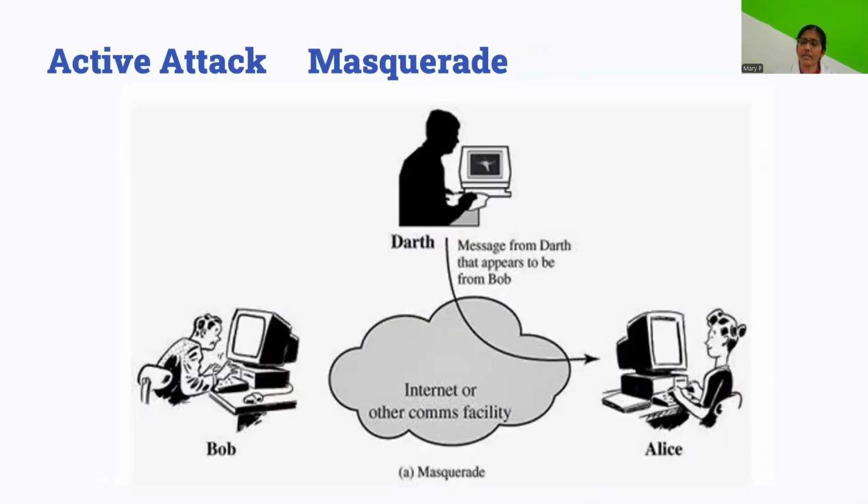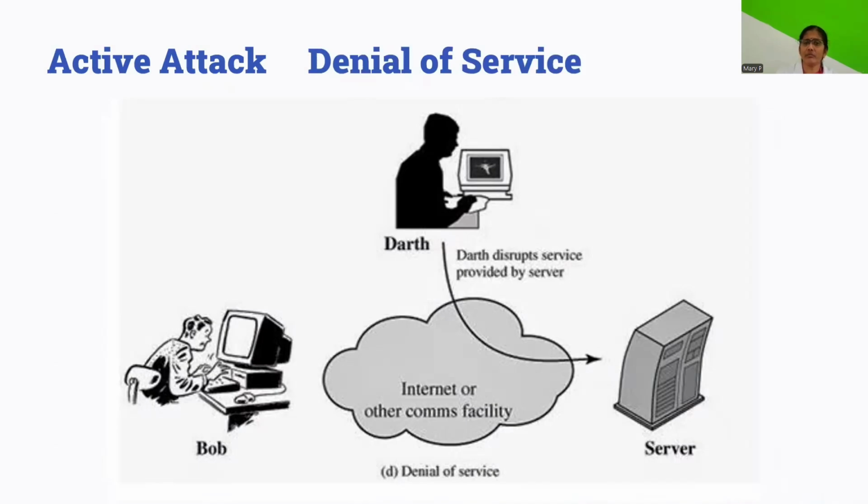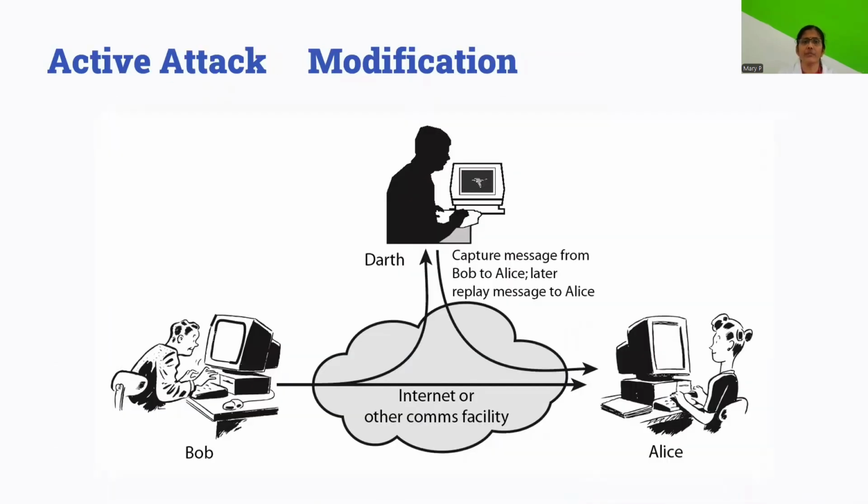Next one is the active attack. In an active attack, they do the real attack process. Here they have four types: one is masquerade, second is replay, third is modification, and fourth is denial of service.